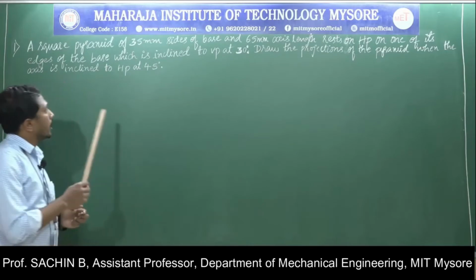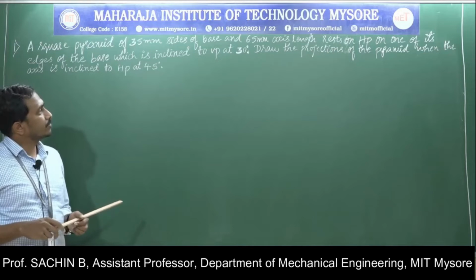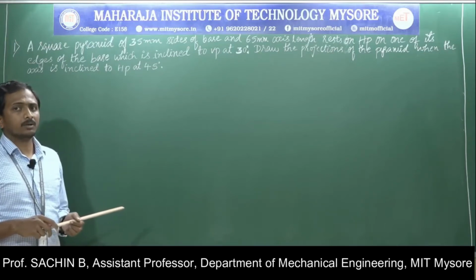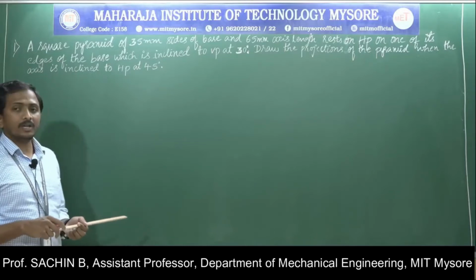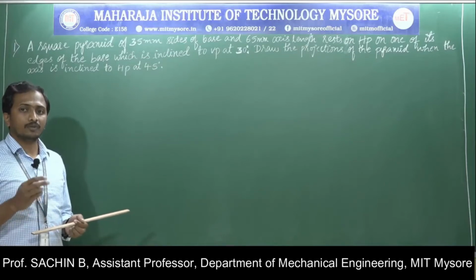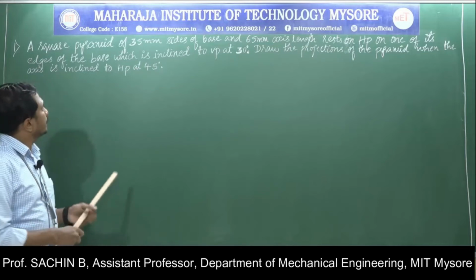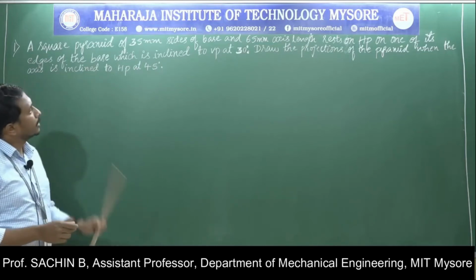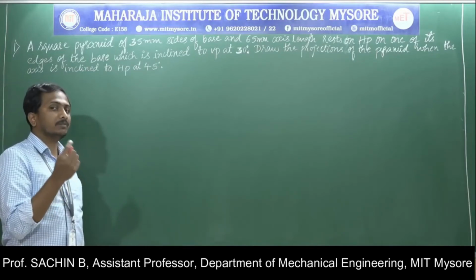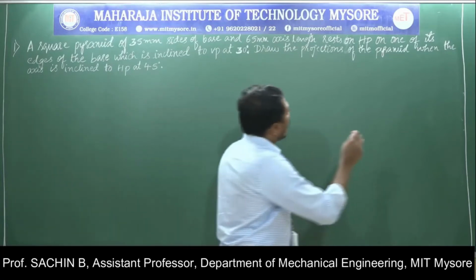A square pyramid of 35 millimeter sides of base and 65 axis length rests on HP. While reading the question, it is very important to note where the solid is rested, or on which plane it is kept, whether on the horizontal plane or the vertical plane. Here they have given a square pyramid of 35 millimeter sides of base, and axis length 65, resting on HP.